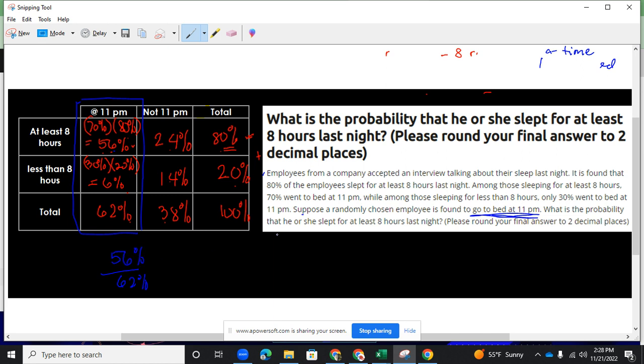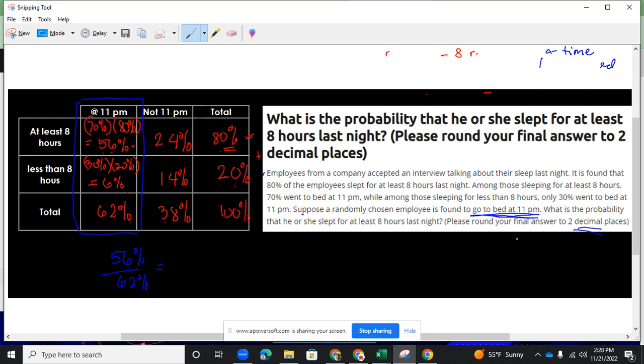So 56 out of 62. Now, if the question is, out of those people who slept at 11, what's the percentage of people who slept less than 8 hours? Then it'll be 6 over 62, okay? So this is your answer. You just have to divide that. I don't have a calculator. So just divide this one and make sure you round it off to the nearest two decimal places. Okay? That's the answer for that one.